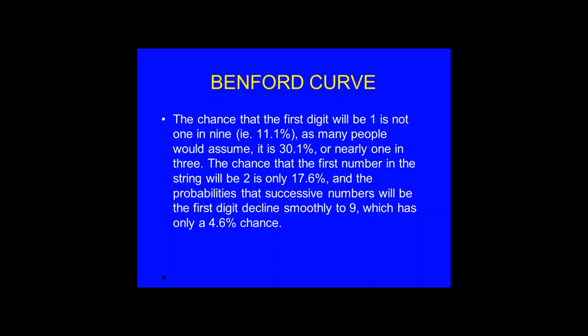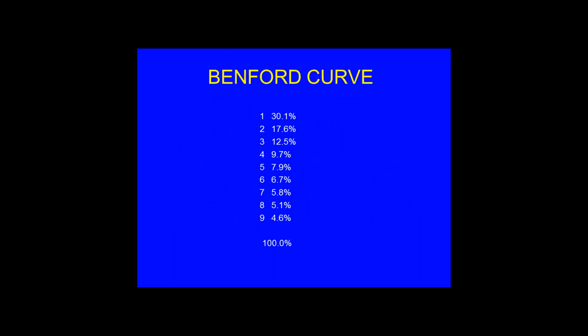I think initially people assume that the frequency of occurrence is going to be equal, say 1 divided by 9, but it actually reflects a different pattern. The first number occurs on average at about 30.1%, and it declines smoothly to about 4.5%. So that's the basic distribution.